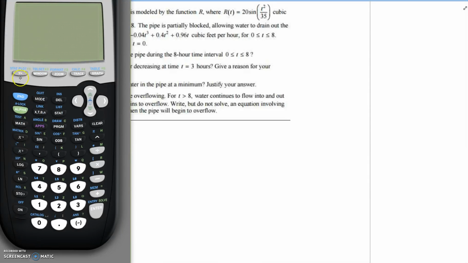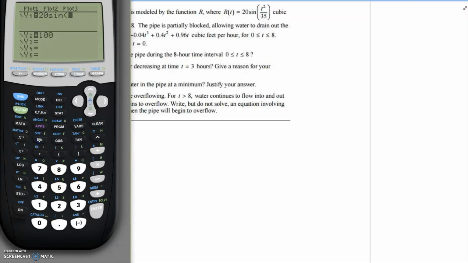There's our setup. What I used was the function name instead of using the specific function, so that I avoid copying the problem down wrong. We're going to use our calculator for this. Let me turn it on.